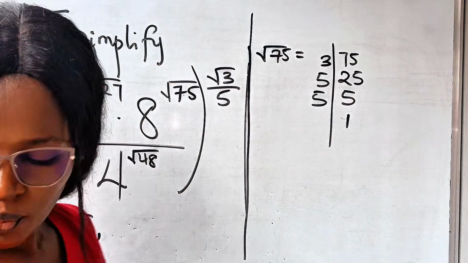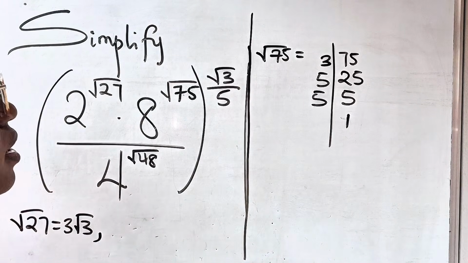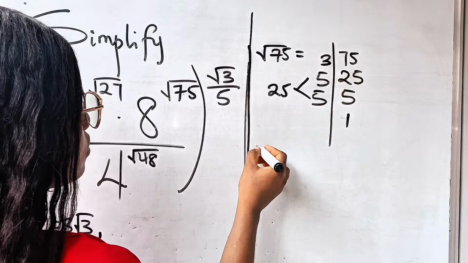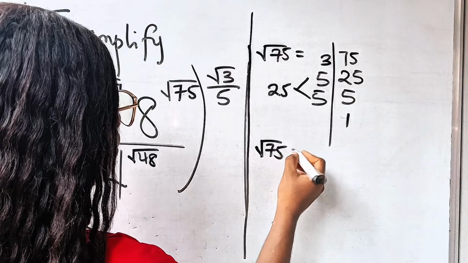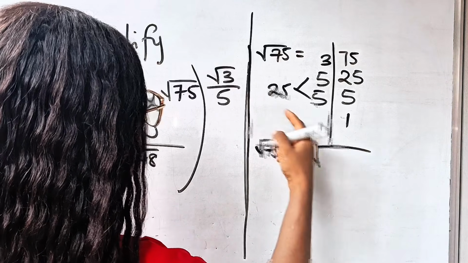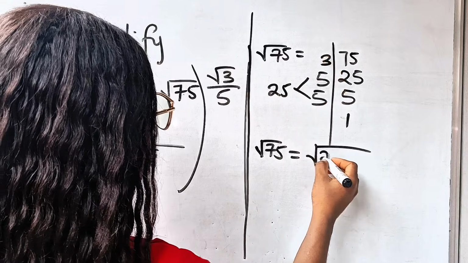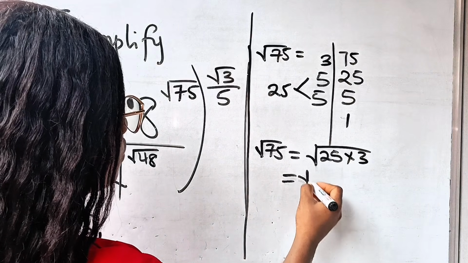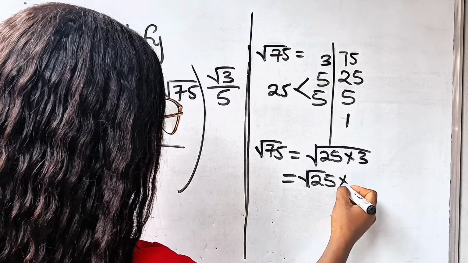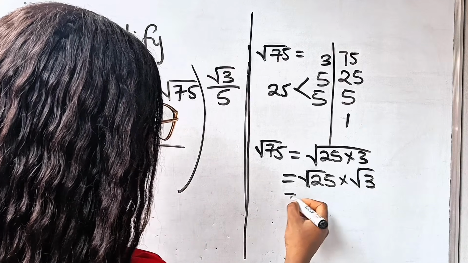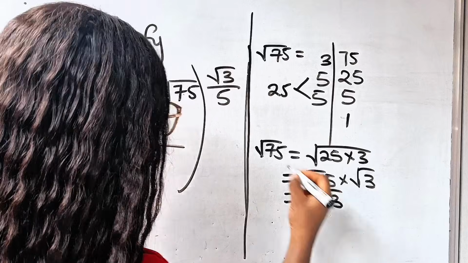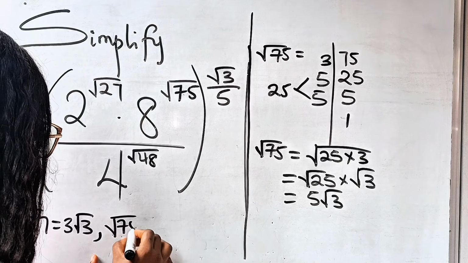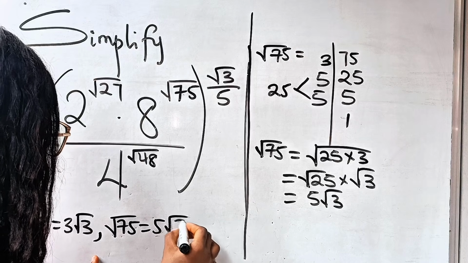Okay, now we pick in pairs, so we have this and this that will give us 25, meaning that we can write square root of 75 to be equal to square root of 25 times this 3. So we can write this as square root of 25 multiplied by square root of 3. So we have 5 root 3. So we can write it here. Square root of 75 is 5 root 3.